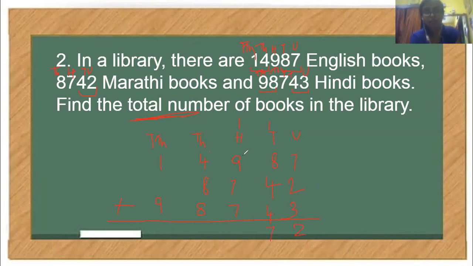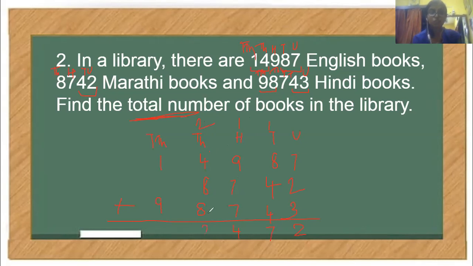Let's add hundreds place value now. 9 plus 7 is 10, 11, 12, 13, 14, 15, 16. Plus 7 is 16 plus 7 is, tell me, it's 23, and there is one carryover here. So it's 24, which means 4 hundreds and 2 thousands. Let's add thousands place value now. 4 plus 8 is 12. 12 plus 8 is 20, and there is a 2 carryover here.